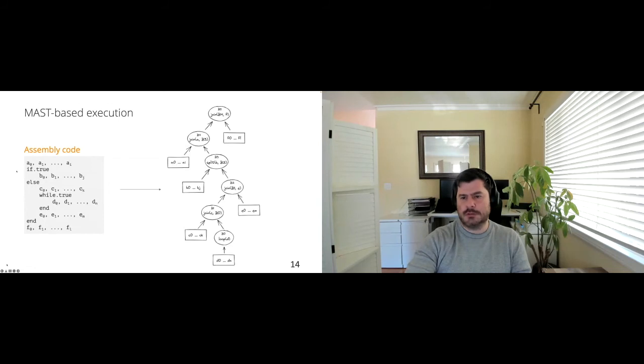It executes the A0 through AI instructions, and then it sees that this is a split block. It starts executing the split block, but it first needs to check the condition on top of the stack. If the condition is, let's say, true, then it will execute just these instructions and then go back up the tree. But if the condition is false, it will start executing this subtree, and so forth.